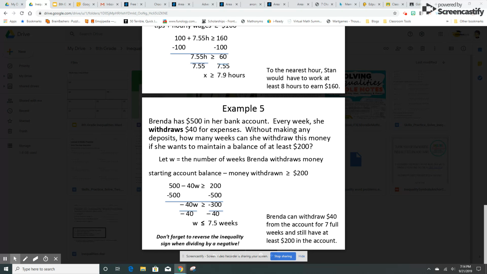And this tells us that Brenda can withdraw $40 for 7 full weeks and still have at least $200 left over. So since it says how many weeks, we're going to go ahead and decide how many full weeks she can do that for.